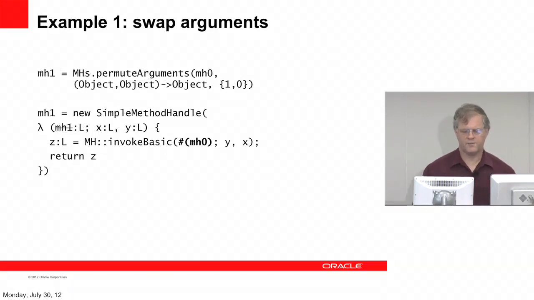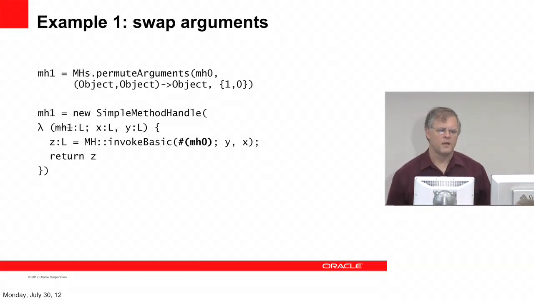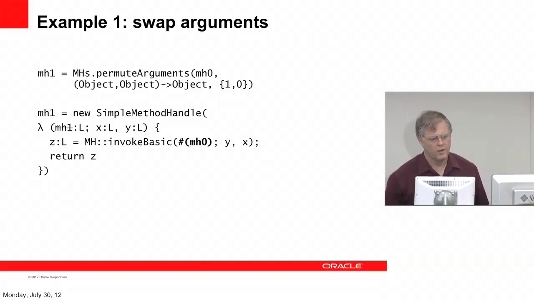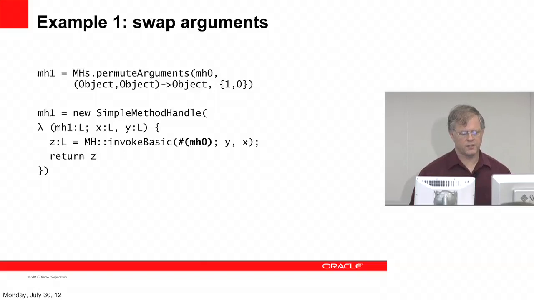Here's an example to dive straight into details. If you were to permute arguments of a two-argument method handle, here's what the structure might look like. You have MH0, which is the ultimate target, and MH1 is the wrapper, which swaps two arguments. So the first line is what the user would approximately think in terms of the 292 API. The second paragraph is what the new intermediate representation looks like.